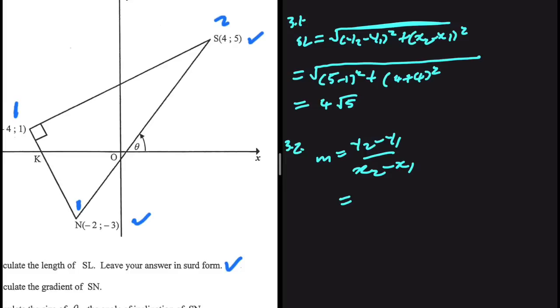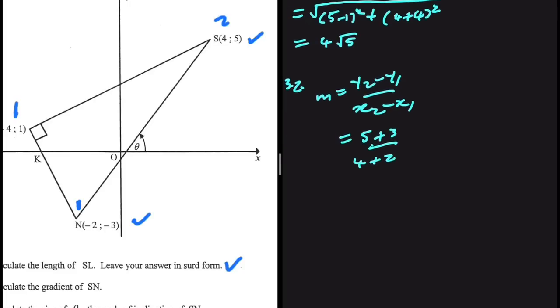The y value of S is 5 minus the y value of N, which is minus 3. So 5 minus minus 3 is just plus 3, okay? Divided by the x value of S, which is 4, minus 2... so that is 4 plus 2. So we have 8 divided by 6, which should be 4 divided by 3, okay?